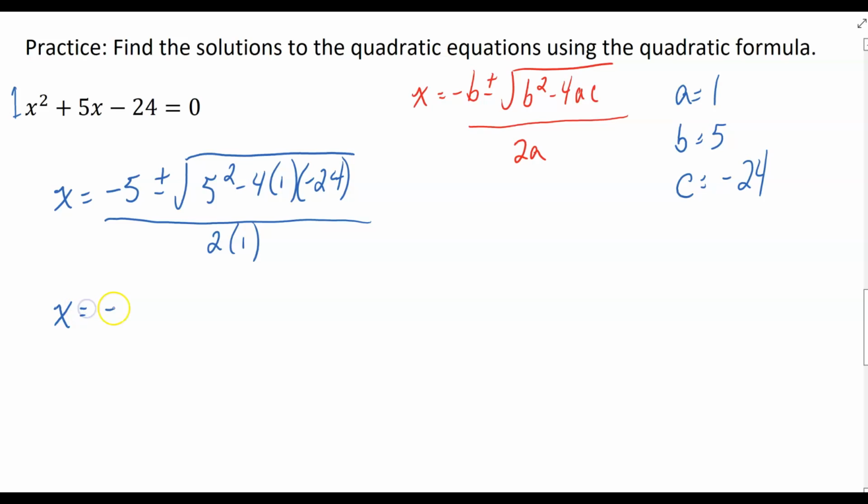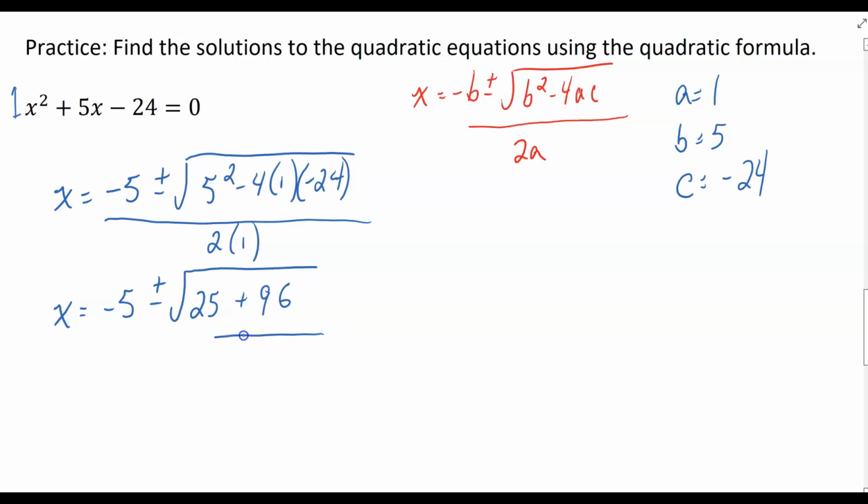X equals negative 5 plus or minus the square root of 25. And now I've got here negative 4 times 1 times negative 24. So 96, that'll be positive because we have a negative times a negative.